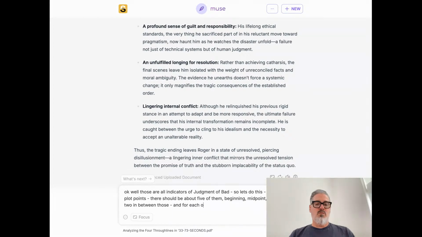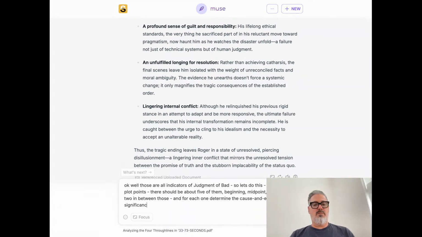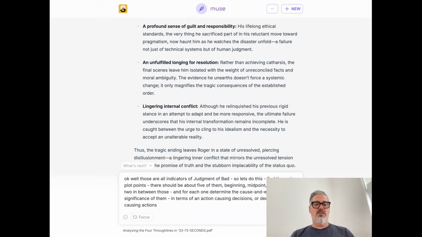And for each one, determine the cause and effect significance of them in terms of actions causing decisions, or decisions causing actions. I'm pretty sure it's the latter.